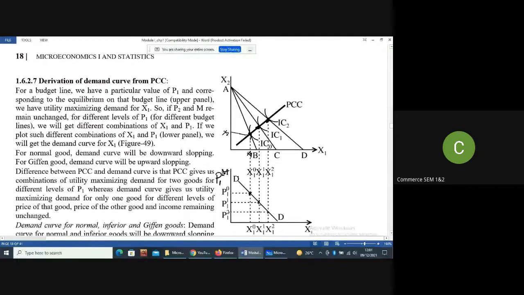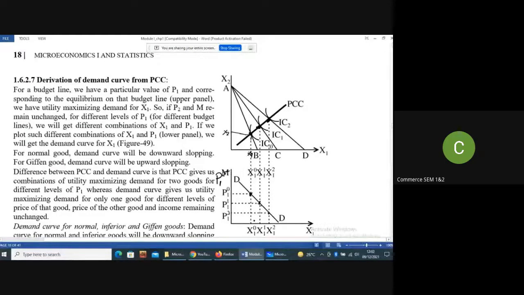But the demand curve shows the equilibrium amount of only commodity 1 for different values of the price of commodity 1, given the price of commodity 2 and money income remaining unchanged.